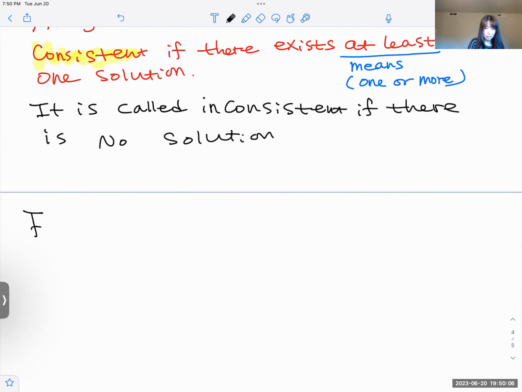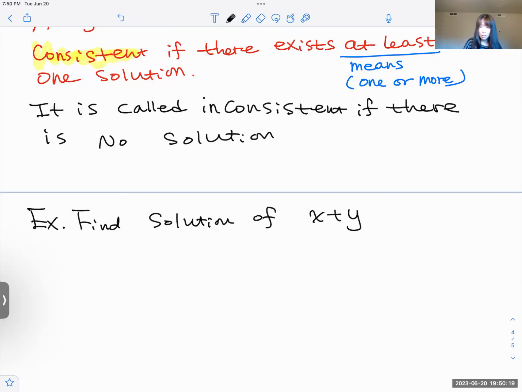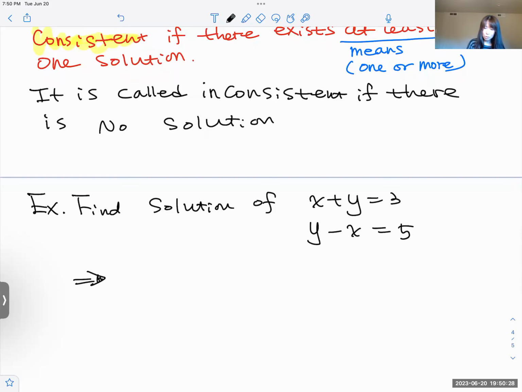Okay, now I'm going to change a little bit. Find the solution of x plus y equal to 3, y minus x equal to 5, right? Okay, how do you find it? From the algebra course, we have x plus y equal to 3. We have two unknown variables with two equations.